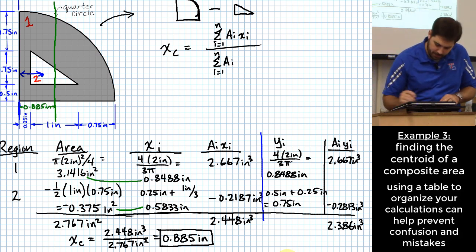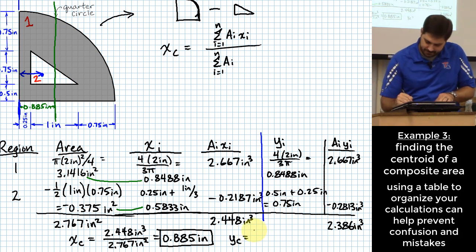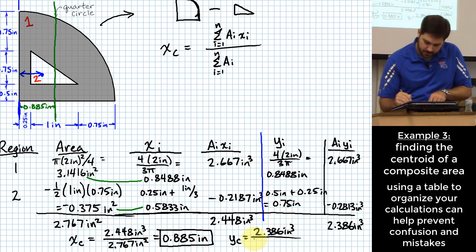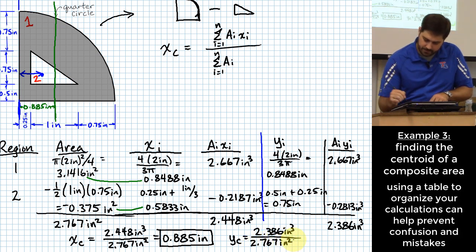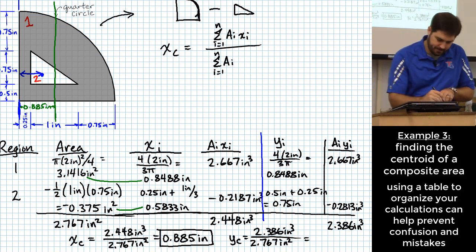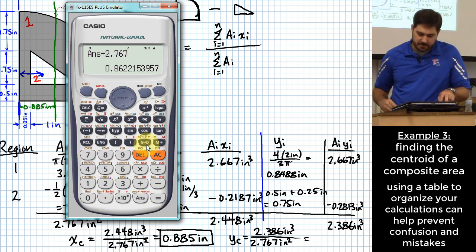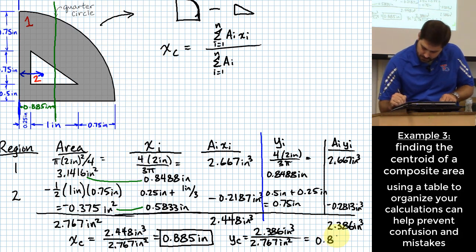And how do I come up with my y direction centroid location? 2.386 inches cubed over 2.767 inches squared, and that gives me 0.862 inches.